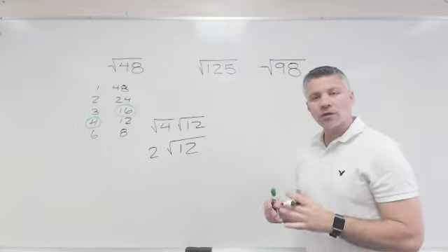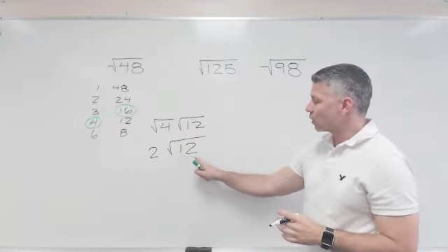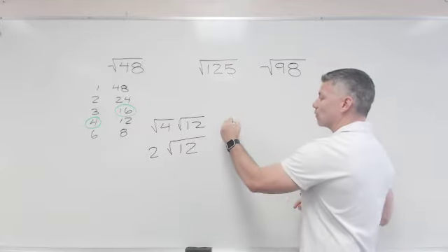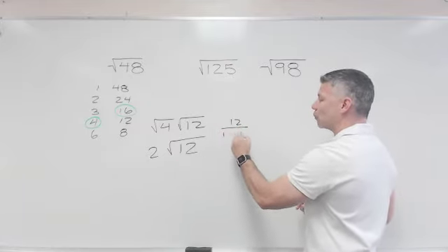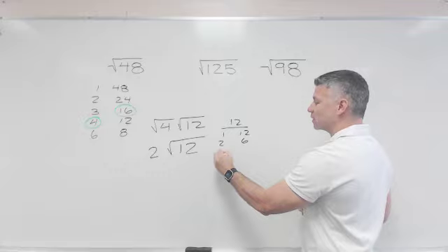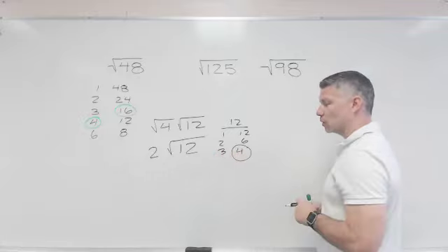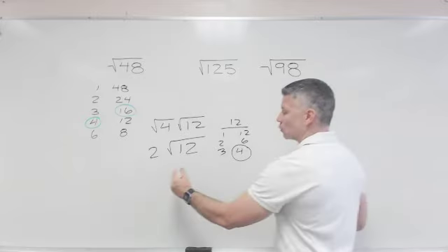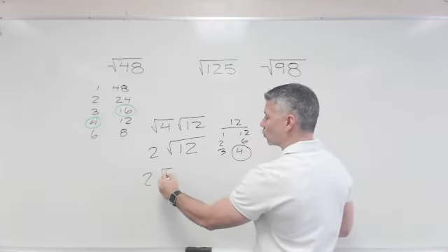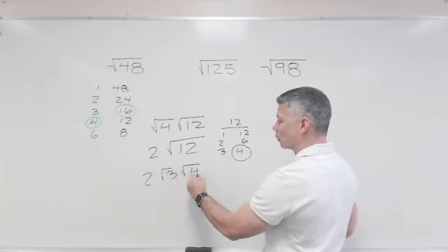But we're not done, because I can break 12 apart. If I made my list for 12: 1 and 12, 2 and 6, 3 and 4, oh, there's another number I know the square root of. So this would be 2 times the square root of 3 times the square root of 4.